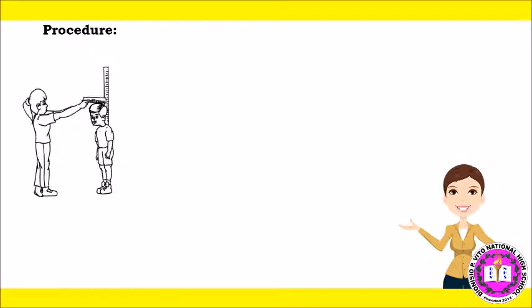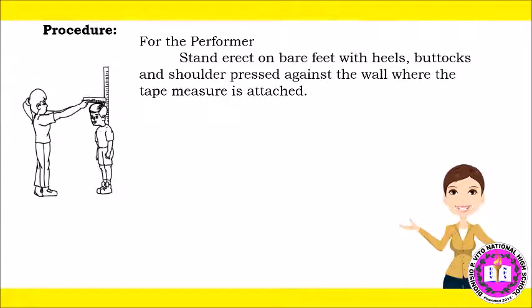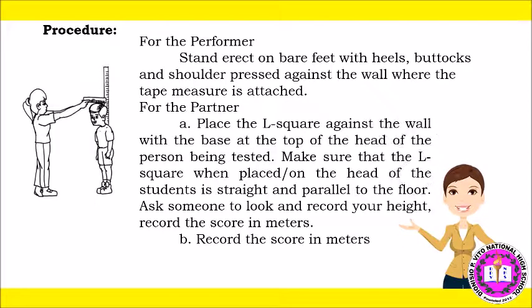Procedure. For the performer, stand erect on bare feet with heels, buttocks, and shoulders pressed against the wall where the tape measure is attached. For the partner, place the L square against the wall with a base at the top of the head of the person being tested.